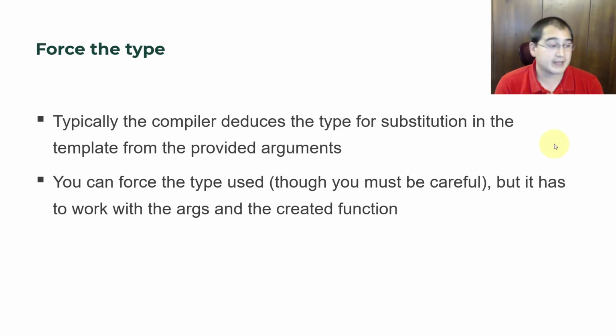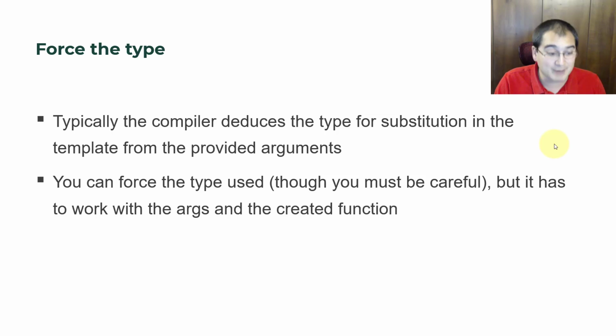Now, you can force the type of a generic function, of a templated function, by using the square brackets. You can say, actually, I don't care what the types of my parameters or the types of my arguments are. I want you to use a version of this function that is expecting longs, and I want you to cast my arguments into those longs, regardless of what their original type is. Generally, this is a bad idea because you generally don't want the compiler to be casting your types for you.